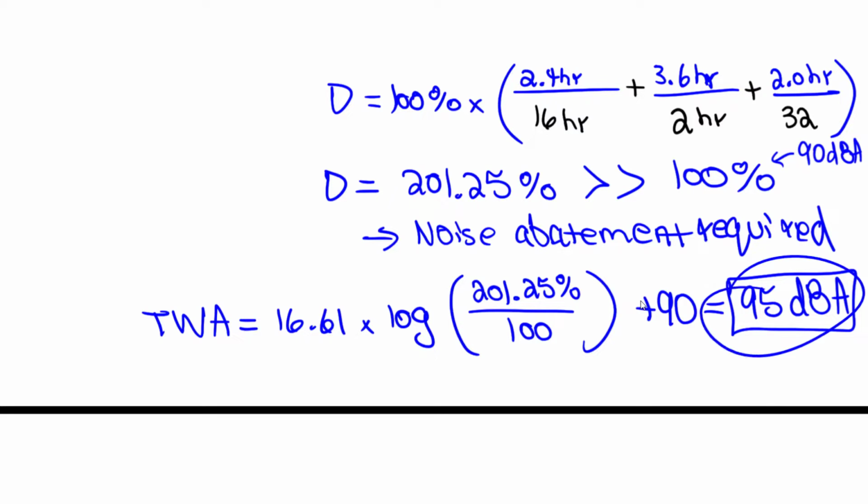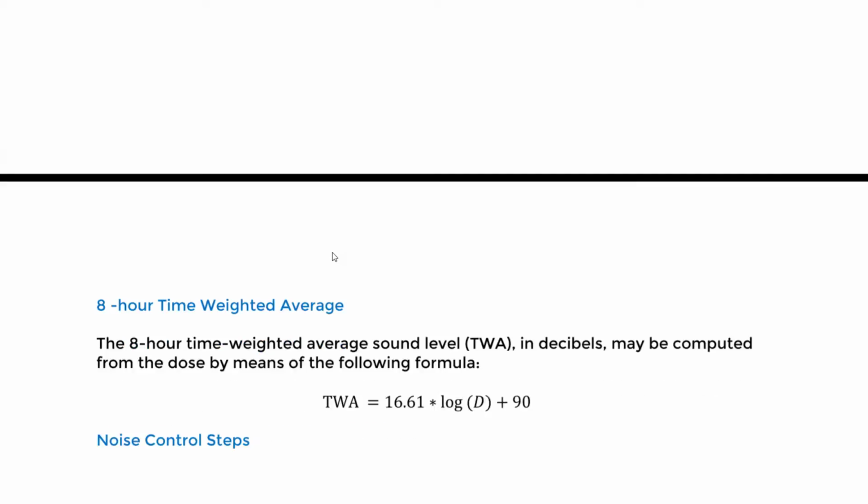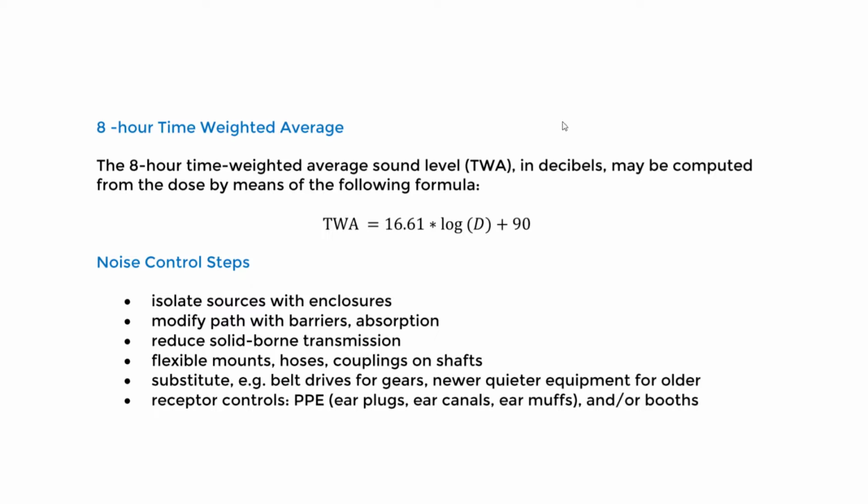So this 95 logically makes sense because it's above 90, because it's around 201%. So that's the time weighted average equation, and it's not in the handbook, but it's good to know as the formula when you want to find the exact dose with respect to the 8-hour time weighted average, where we have that 90 decibels for the noise level.